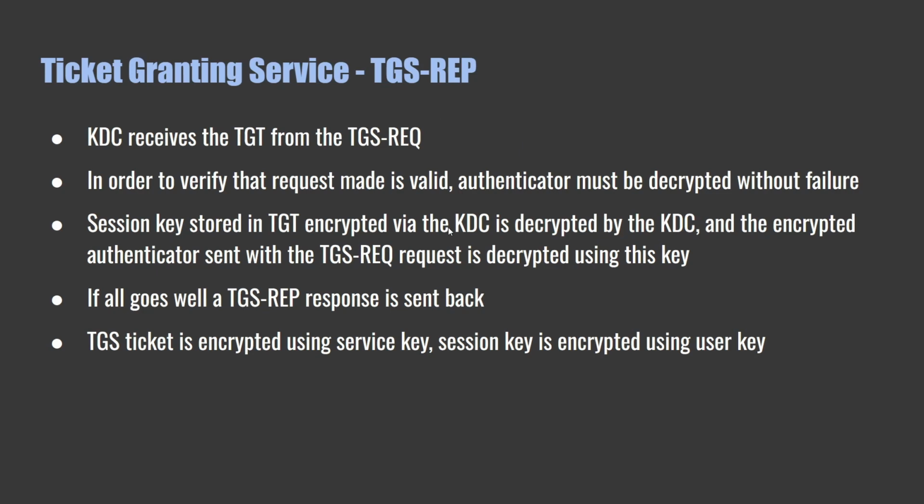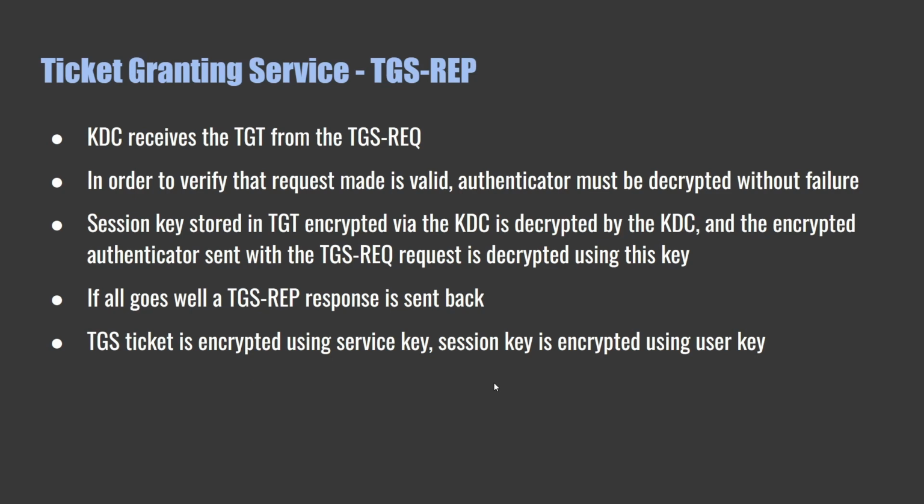In order to verify that the request made is valid, the authenticator must be decrypted without failure. The session key stored in the TGT, encrypted by the KDC, is decrypted by the KDC, and the encrypted authenticator sent with the TGS-REQ request is decrypted using the key stored in the TGT. If all goes well, a TGS-REP response is sent back, and the TGS ticket is encrypted using the service key.